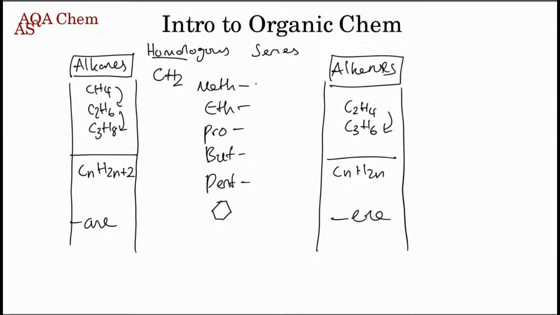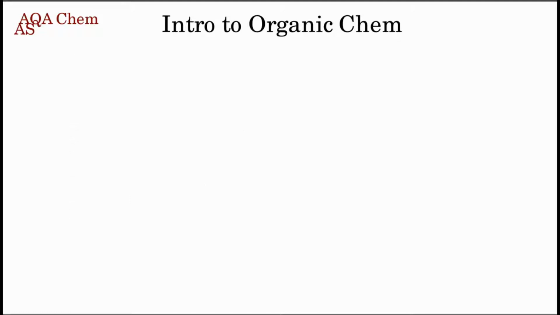And then you can have something like methane, but you can't have methene, because alkenes have the double bond, and one carbon means no double bond. Ethane, ethene, propane, propene, butane, butene, pentane, pentene. Simple, right?